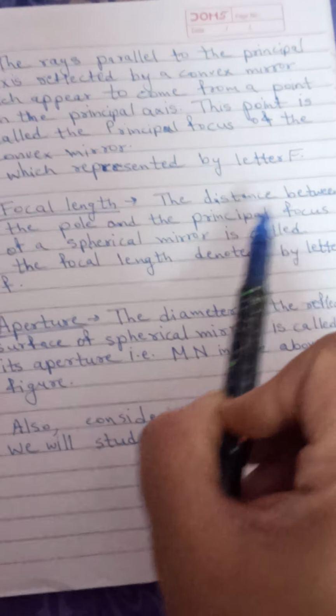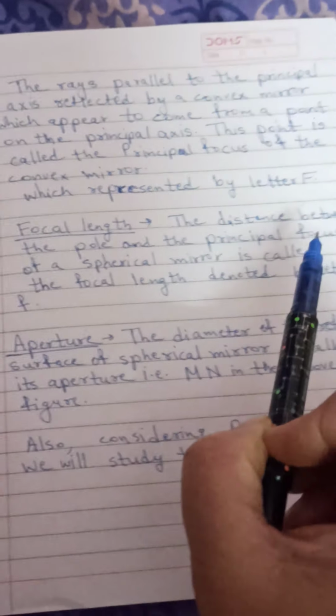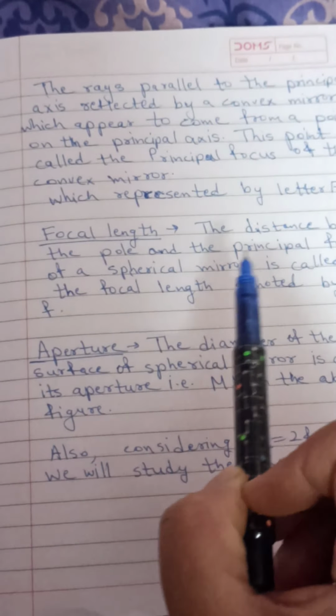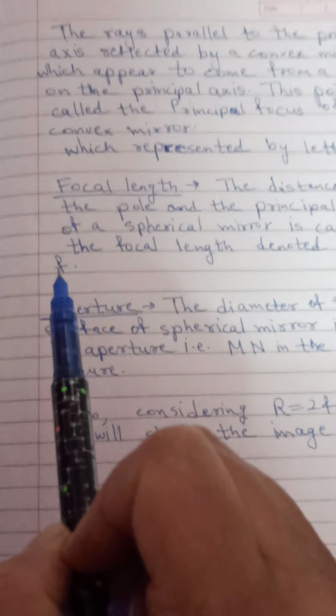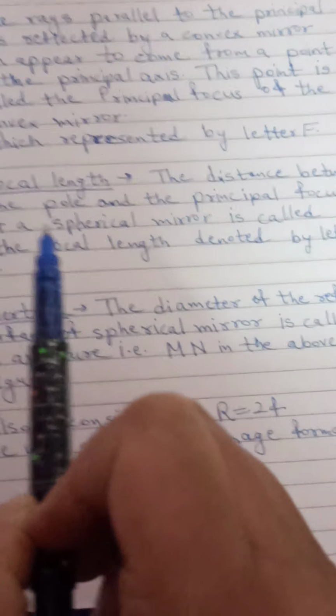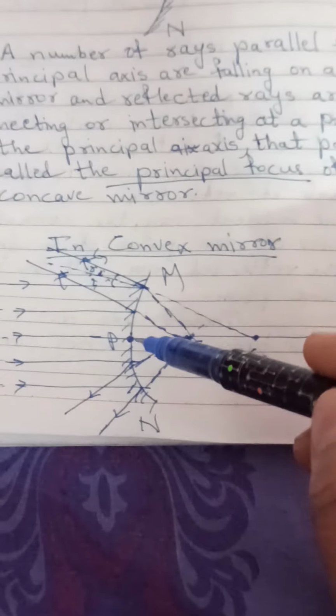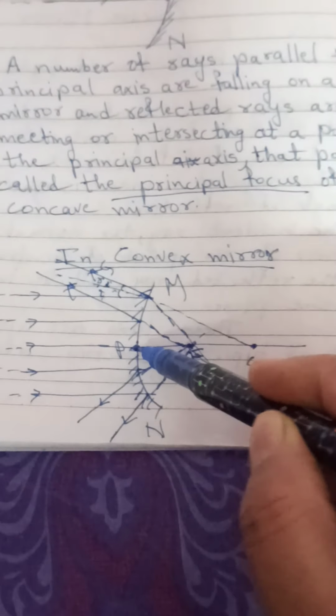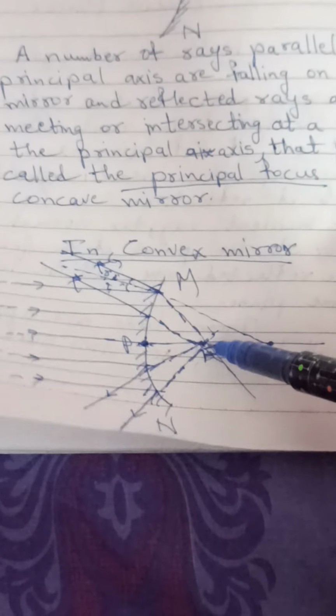Focal length: the distance between the pole and the principal focus of a spherical mirror is called the focal length, and it is denoted by small f. Distance between pole and the principal focus. Again you can see the mirror, the pole is here and the focus we have derived here.